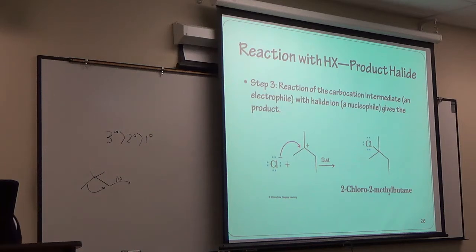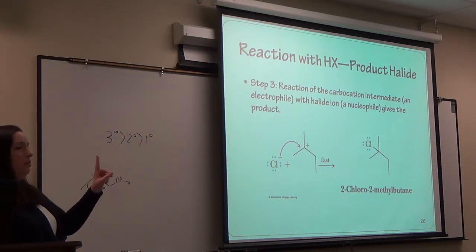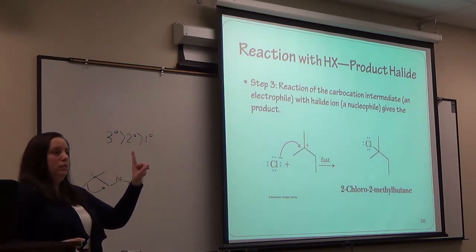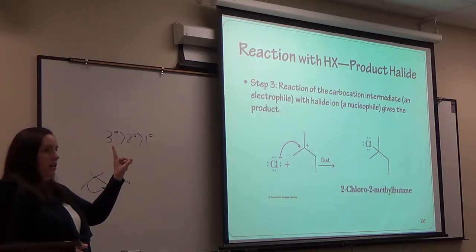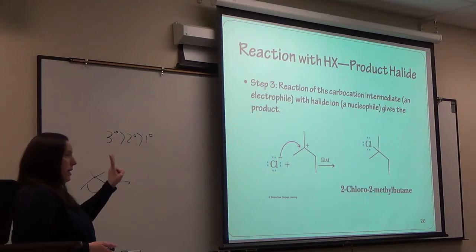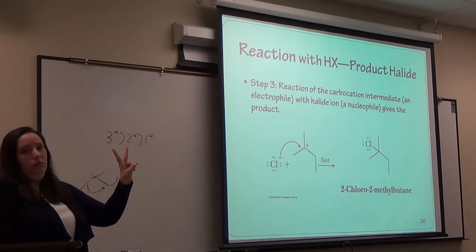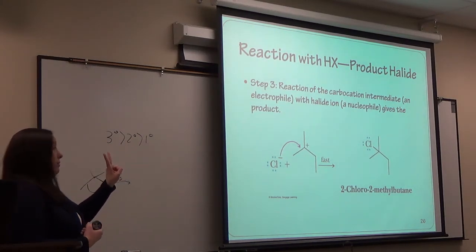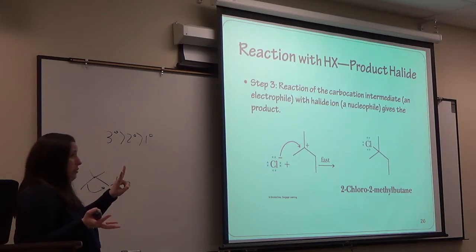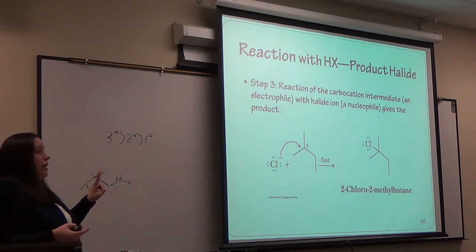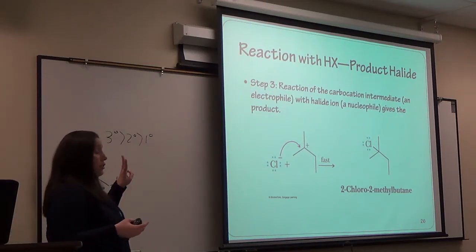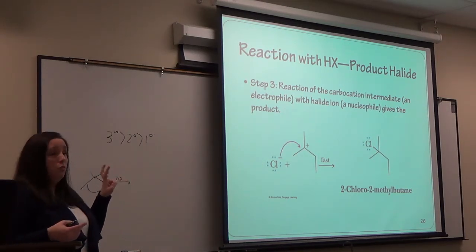So if you're dealing with a primary, what mechanism is it? Just primary, SN2. A primary with the beta branching is this hybrid thing. It's not really an SN1, it's not really an SN2, it's a different mechanism. And if you had tertiary, you would have SN1.